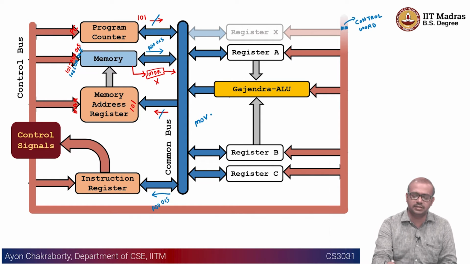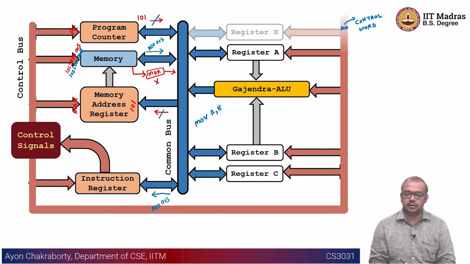So you can have an instruction called move A comma B. Now if you think how this instruction is going to be executed on this computer, it's very easy to realize what is going to happen. The content of register A is going to be loaded in register B. It's not a big deal, it's trivial. Even if I say add A comma B, it is trivial.